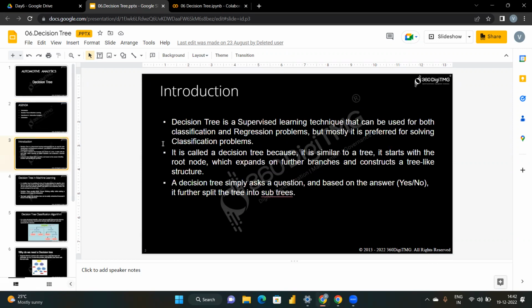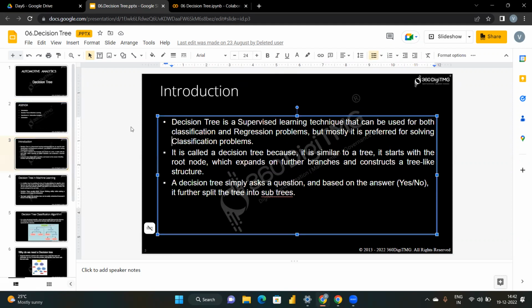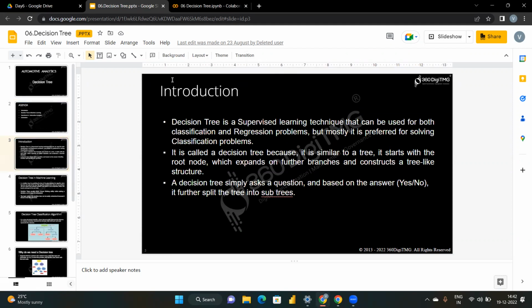Introduction. So guys, decision tree is a supervised learning technique that can be used for both classification and regression problems. In the last session when we did KNN and k-means, we have seen two types of machine learning: supervised learning and unsupervised learning.